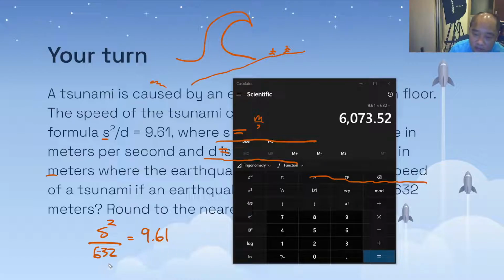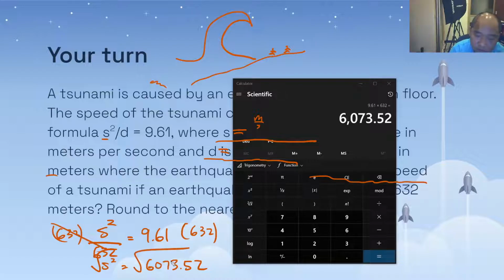So s squared equals 6,073.52. Here we multiplied by 632 on both sides. And then we're going to take the square root of that.